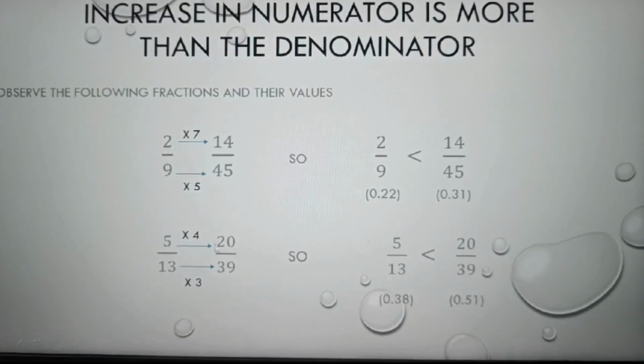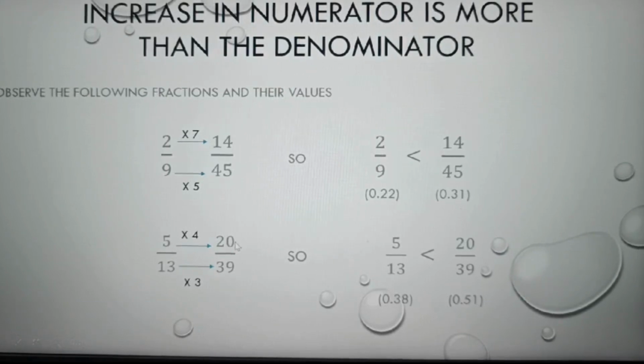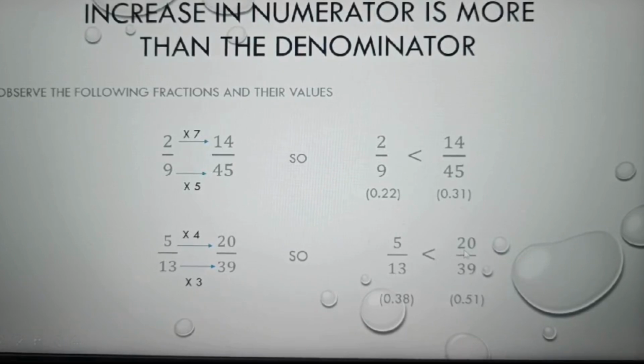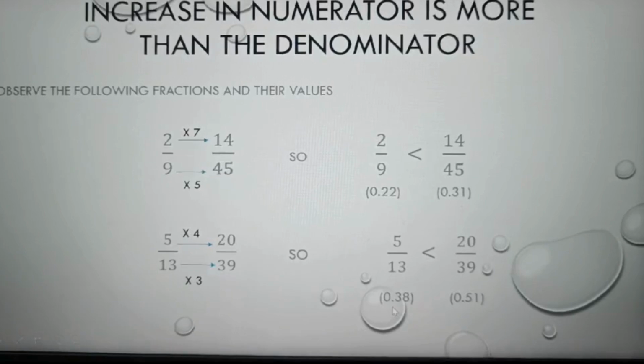So the increase of the numerator is more than that of the denominator. So the resulting 20 by 39 is a fraction with a bigger value, and the comparison here is 5 by 13 is less than 20 by 39. The decimal values are also observed here, 0.38 is less than 0.51.